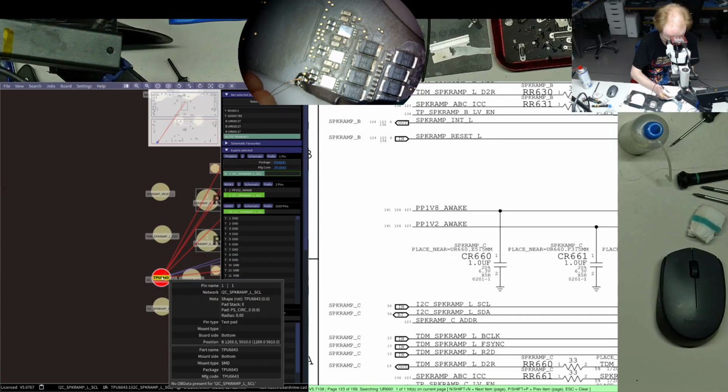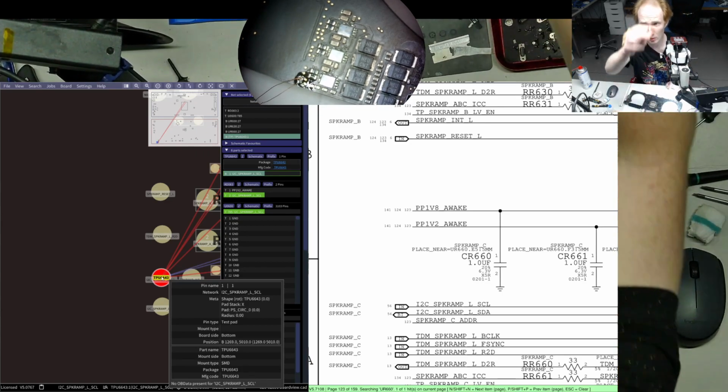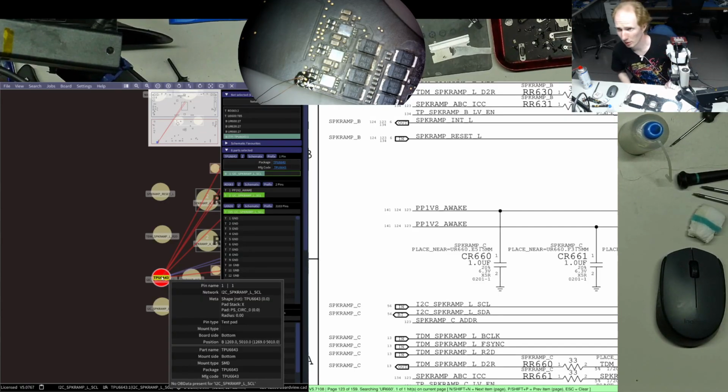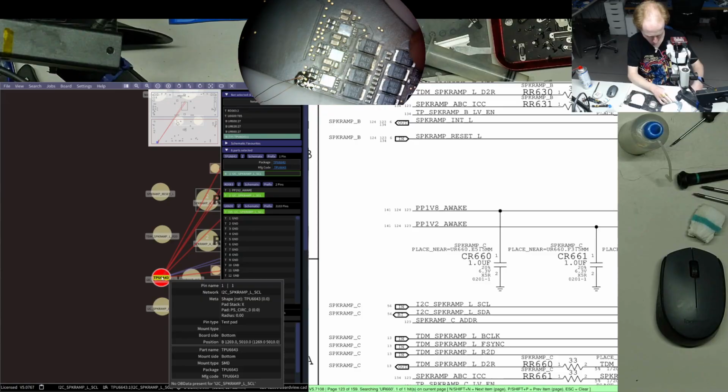The idea of I2C is that each device on the I2C bus will respond to its address, and this is exactly what we're going to listen for. Okay, we also need to connect ground.